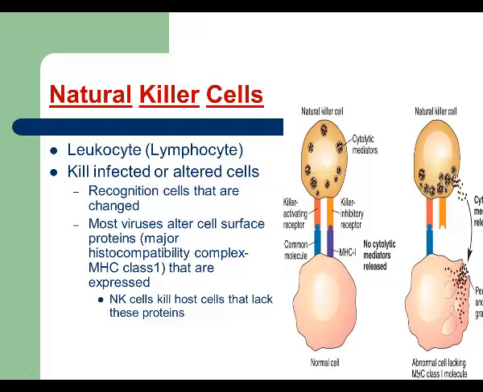But please remember, because NK cells are non-specific lymphocytes, they cannot specifically recognize what happened to that cell, why MHC class 1 proteins got changed, whether it's been infected, or became a cancerous cell, or is a transplanted cell. They just recognize changes on MHC class 1 proteins and will destroy that cell.